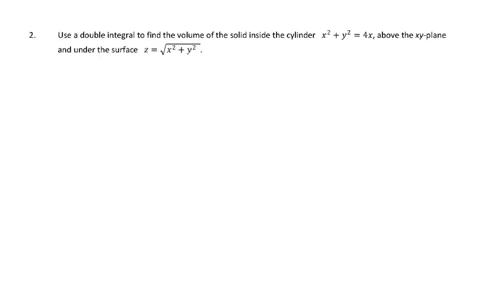In problem 2, we must use a double integral to find the volume of a solid inside a given cylinder, above the xy plane and under the surface z equals root of x squared plus y squared. The first step is always to make a sketch.